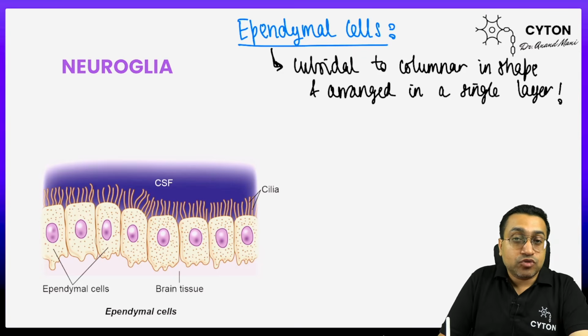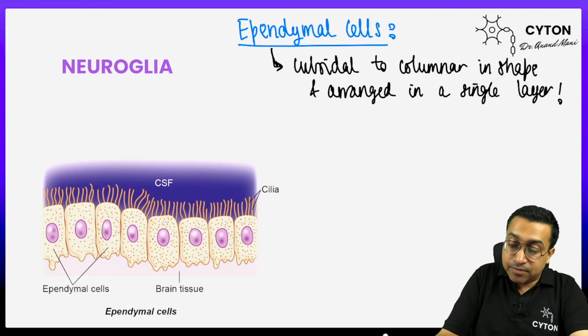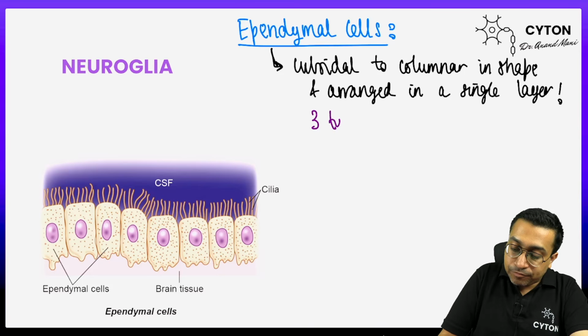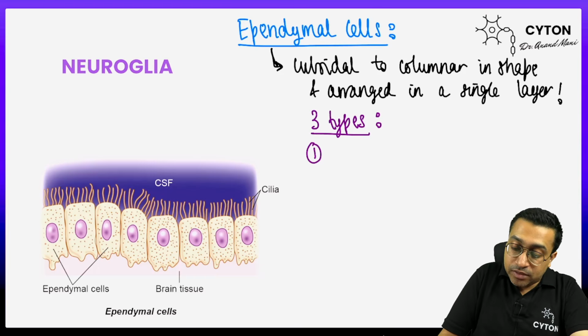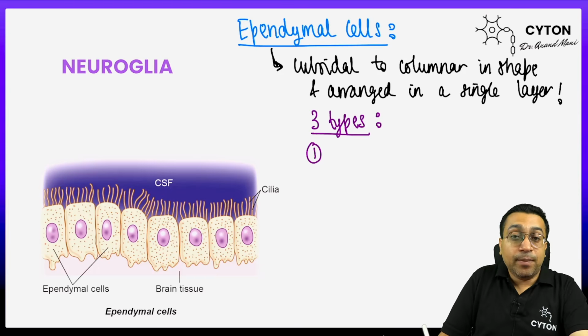Okay, so there are three types of ependymal cells. What are these? Number one, very important for MCQ, ependymocytes.